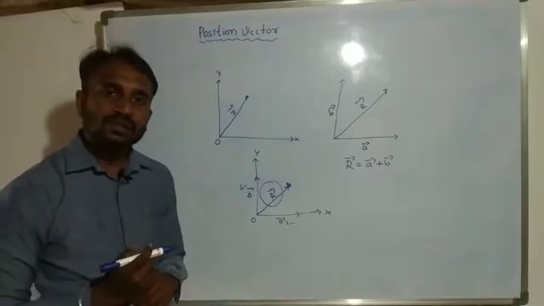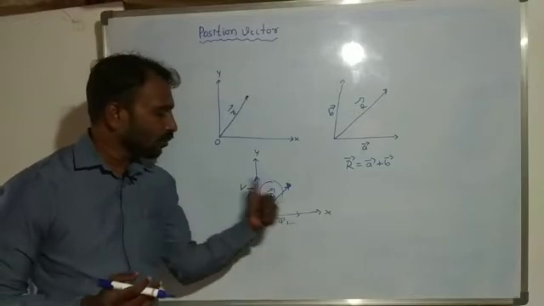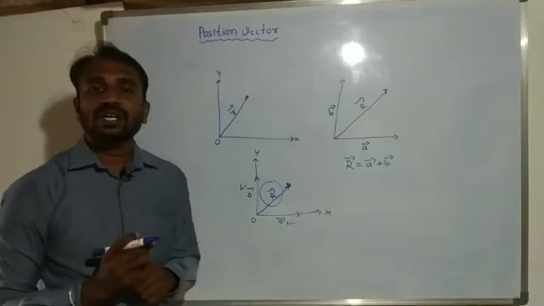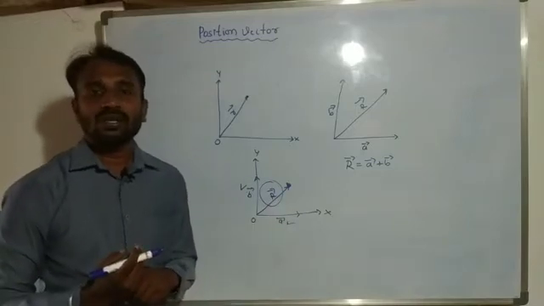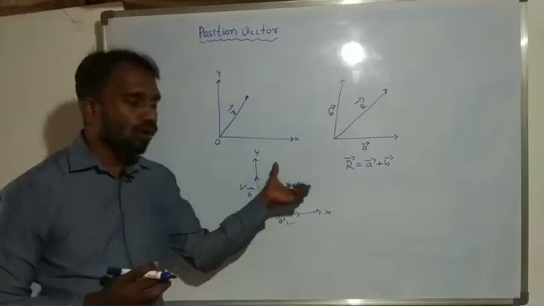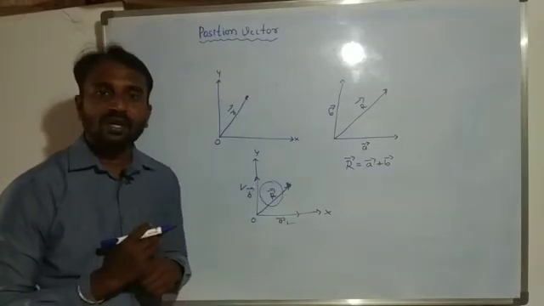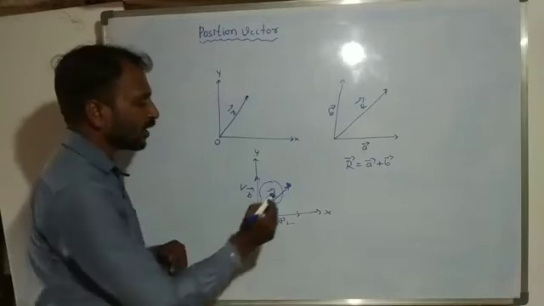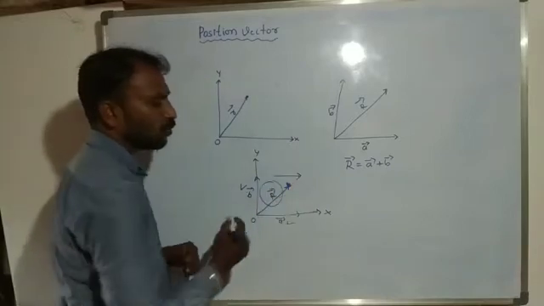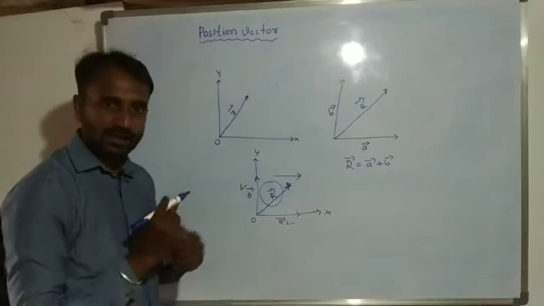For this reason, by using this position vector we easily find out the position of a particle present in a coordinate system. And another one, suppose an object is moving in a plane, that is the xy plane.